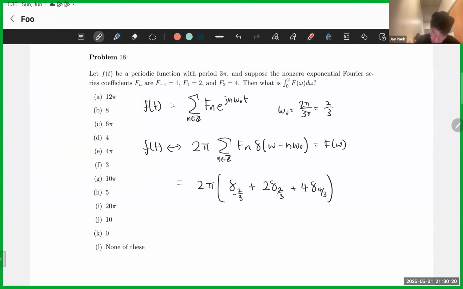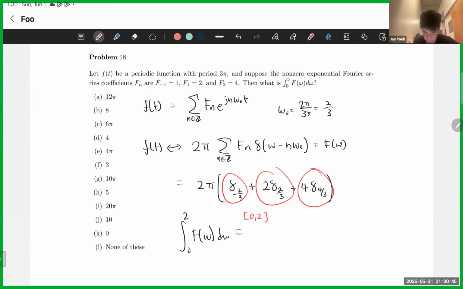And remember, we're evaluating the integral from 0 to 2 of F of omega, which is a sum of delta functions. And so this integral should actually be very easy to evaluate. What falls into 0 to 2? Well, we have all three. Actually, no, we shouldn't have all three.